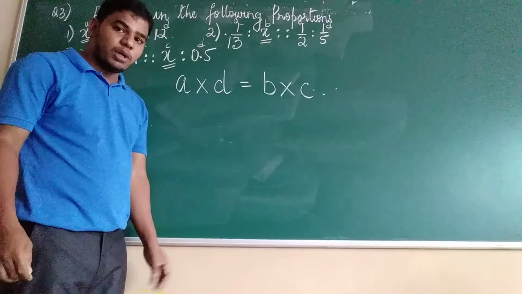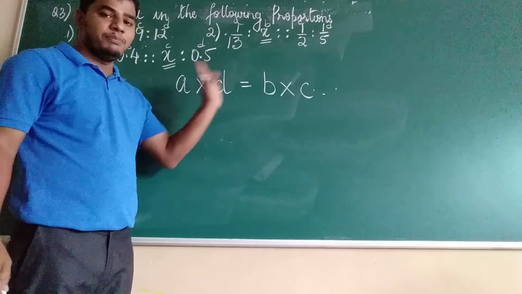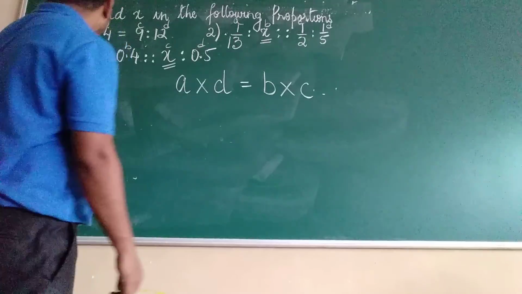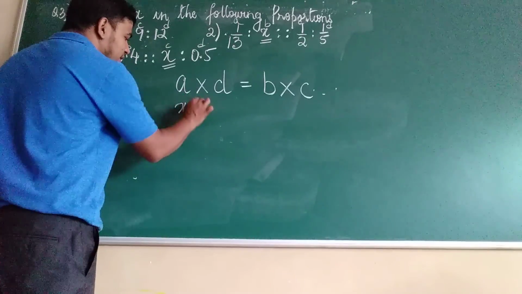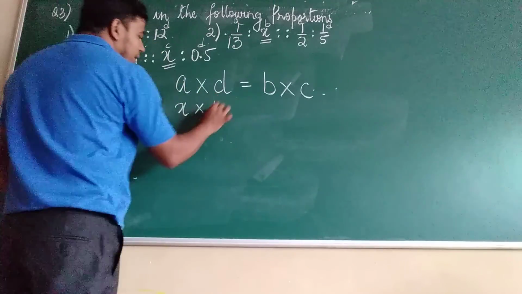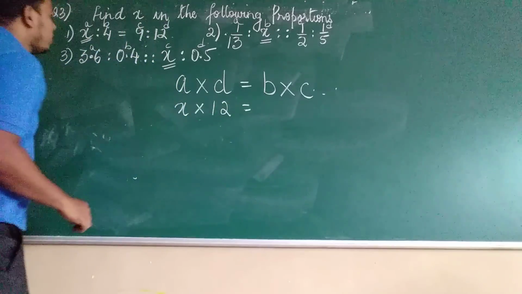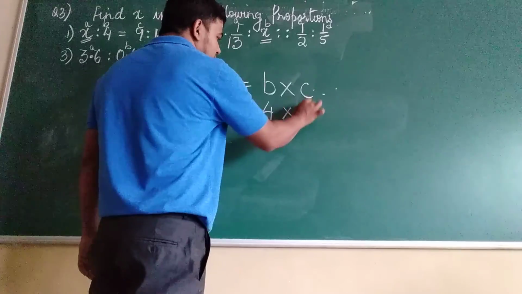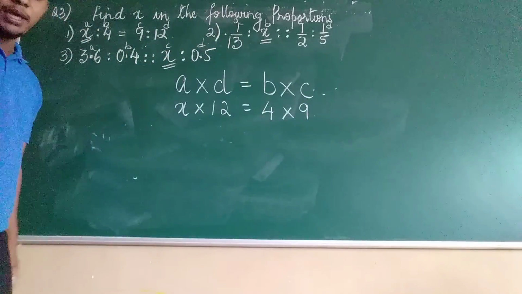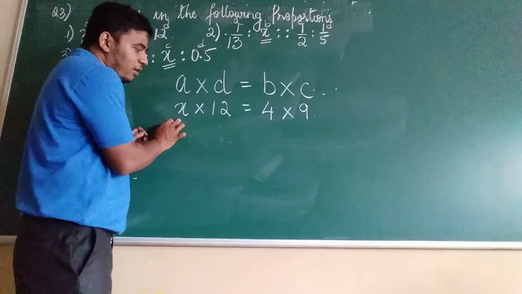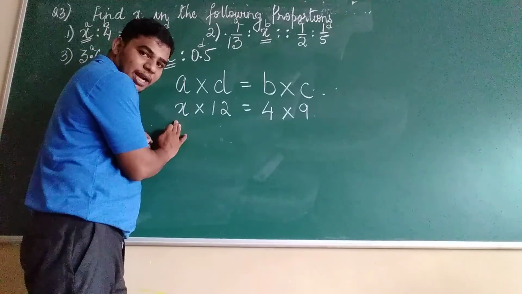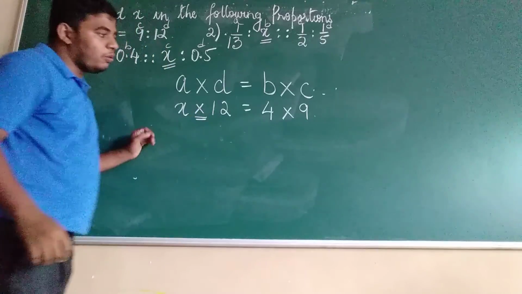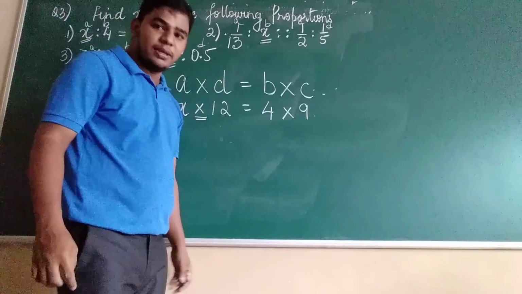Now next we have to do what? We have to substitute A, D and B, C and then find the value of x. Now here A is given as x, D is given as 12, B is given as 4 and C is given as 9. Okay. Now what you can do? To find the value of x, keep your x on this side, bring 12 on the other side. Now it is multiplied here. So what will happen when it goes on the other side?